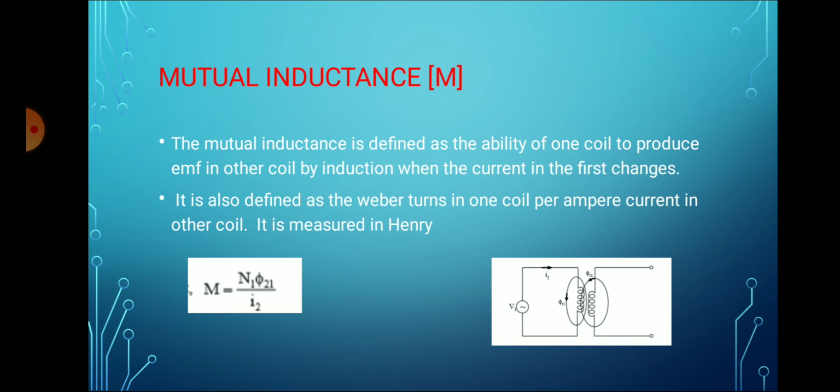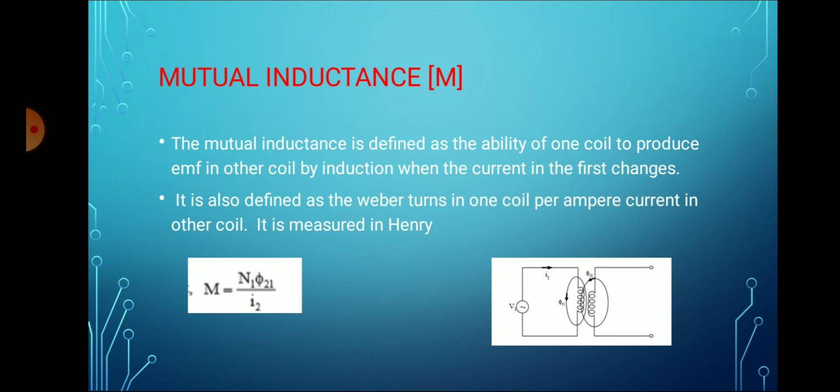The mutual inductance is defined as the ability of varying current in one coil to produce an induced EMF in the other coil. Its unit is Henry. Mutual inductance between the two circuits is defined as the flux change in one circuit per unit current in the other circuit. So mutual inductance M is equal to N1 phi21 divided by I2, or N2 phi12 divided by I1.